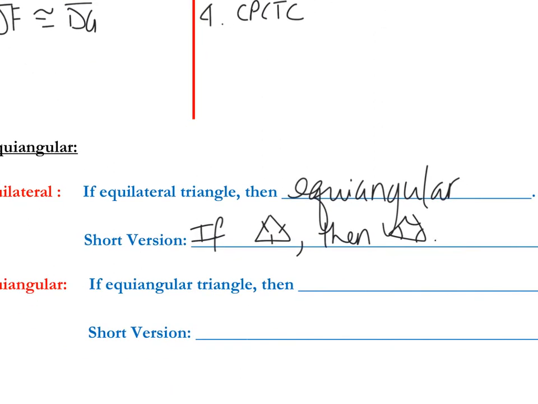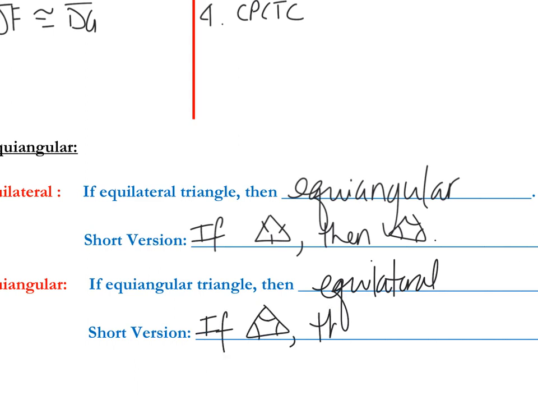And then we can say the converse. If equiangular triangle, then equilateral. And the shorthand version is if all three angles are congruent, then all three sides are congruent. All right. That's it for this slide.